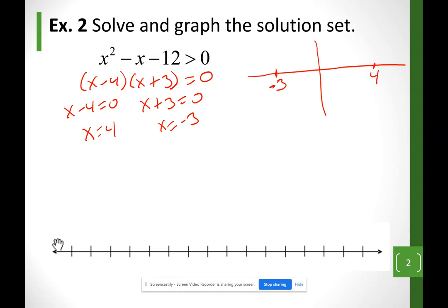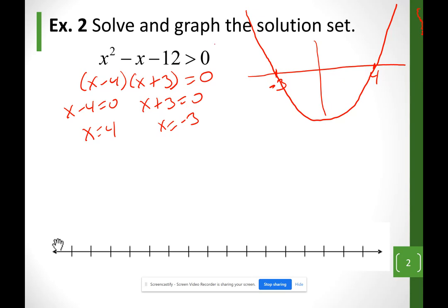I will find positive 4. I know my graph opens up because my first sign is positive. Roughly, I don't need to find the vertex in this case, but roughly I'm going to say it goes like this. It opens up and I see my intercepts. I'm not quite finding my vertex, but that's how it would look like.